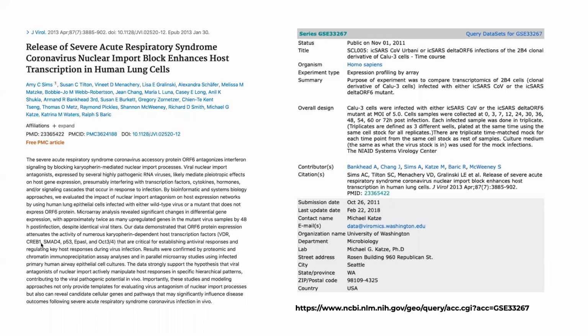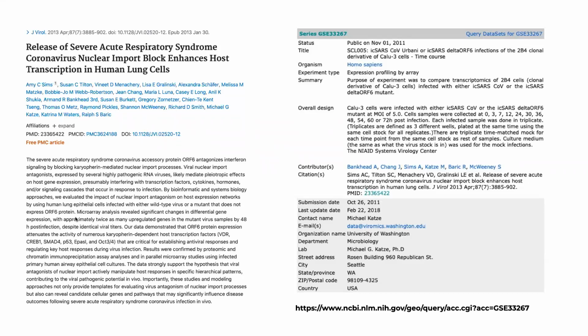You can see here VDR, CREB1, SMAD4, P53, which you probably recognize, and others. And those are critical for the robust antiviral response that the cell should have.